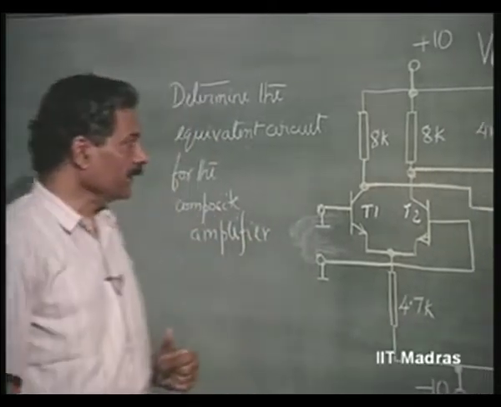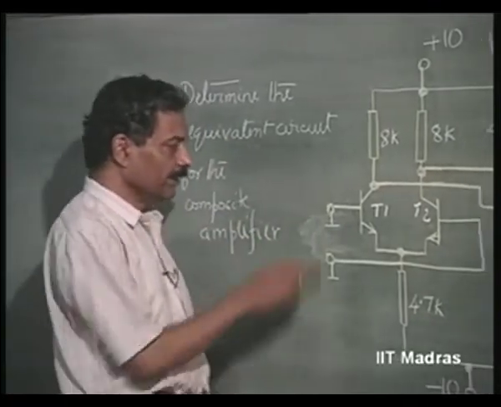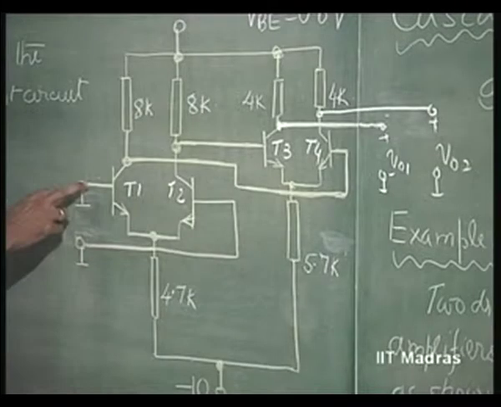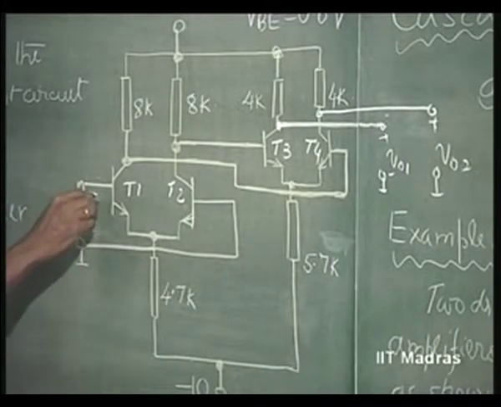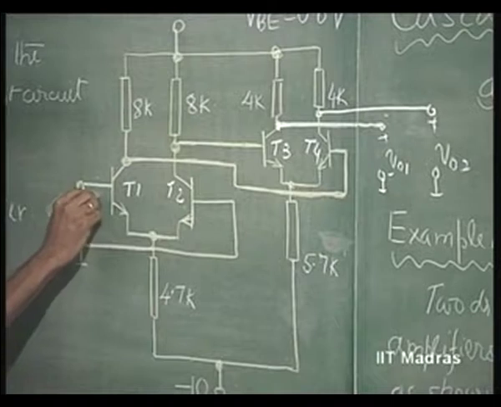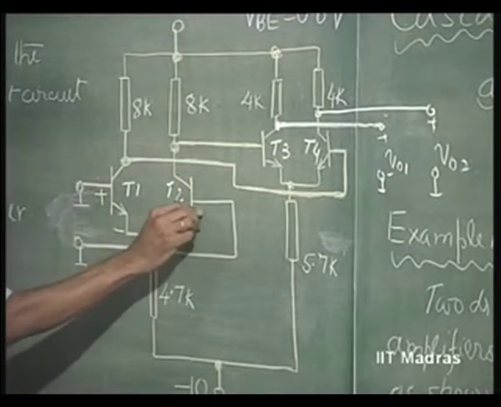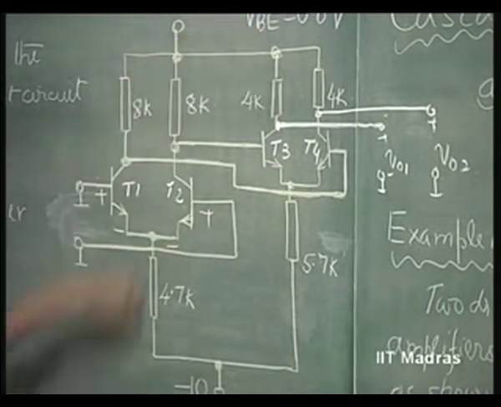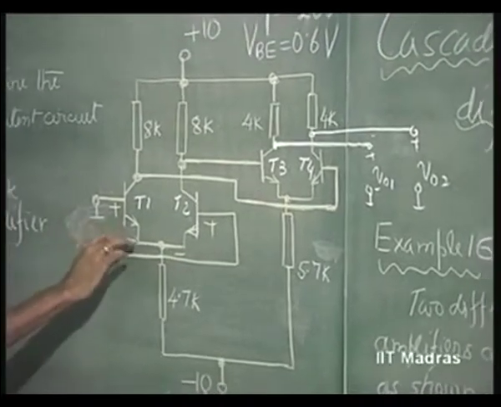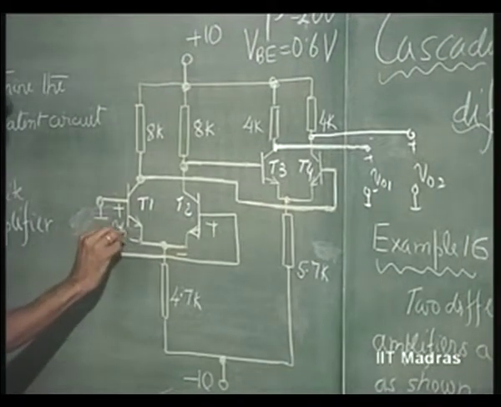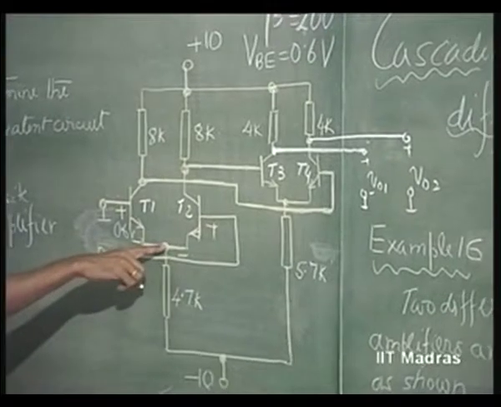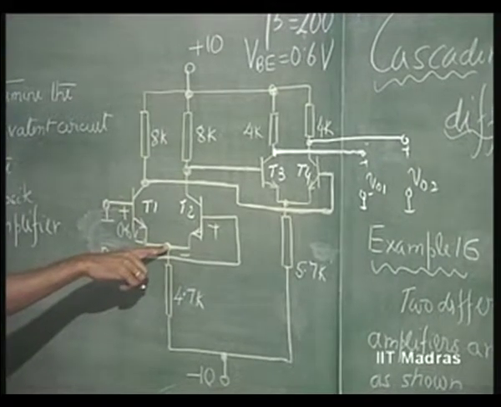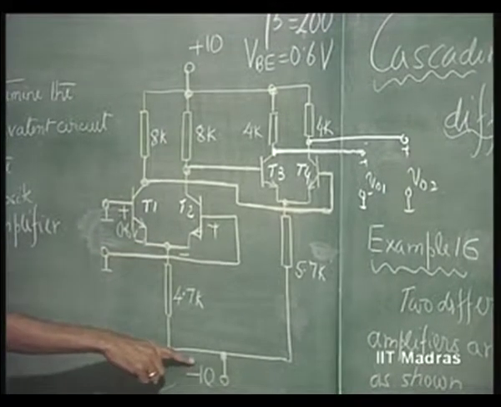So, let us see first the input, these two are connected to ground. If that is the case, the voltage here is assumed to be 0.6 volts. So, this emitter is at minus 0.6 volts, this is at minus 10.